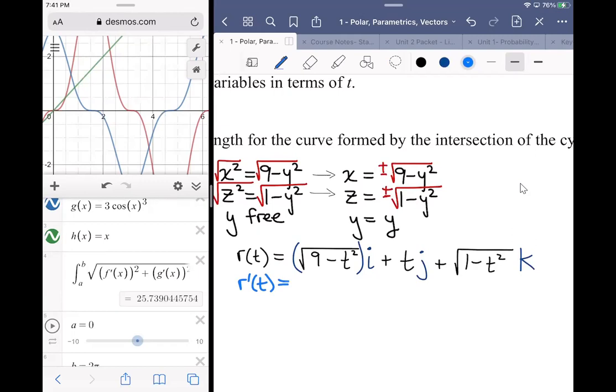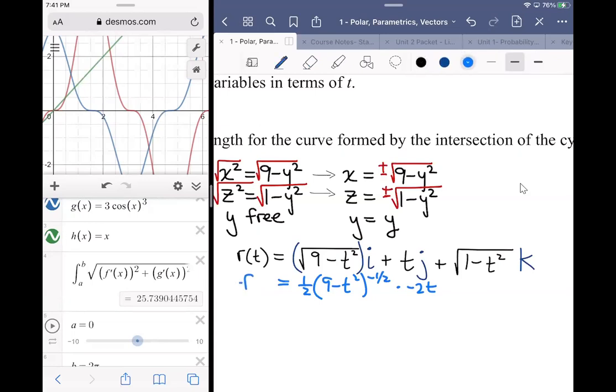All right, so 1/2 times 9 minus t squared to the -1/2 times -2t. That's my i component. Well, it's not really i anymore. So you know what I'll do? I'll just call that f prime, so I don't have to worry about the notation too much.